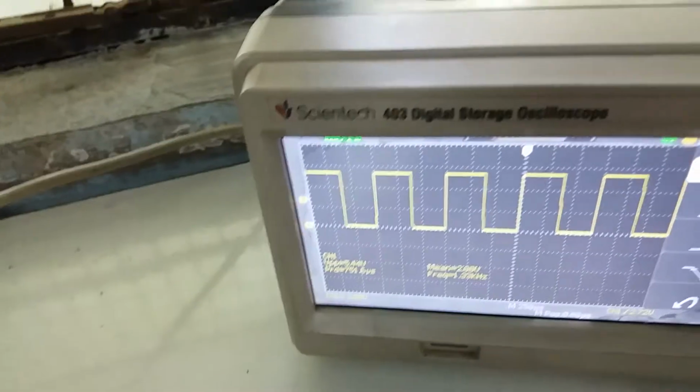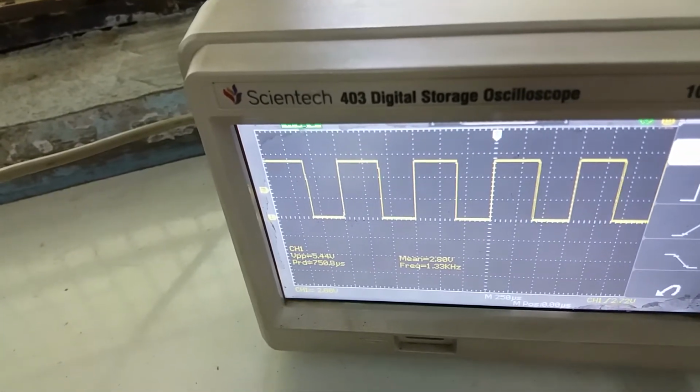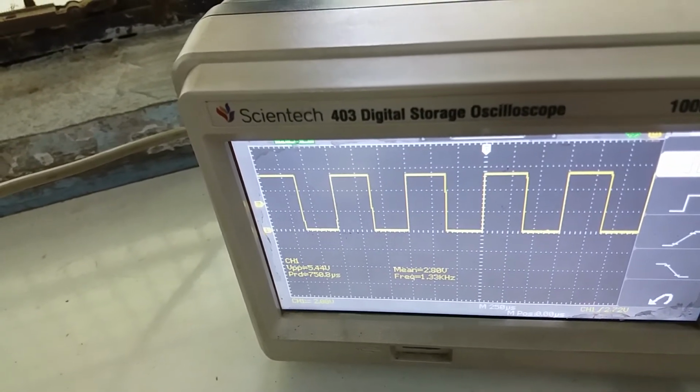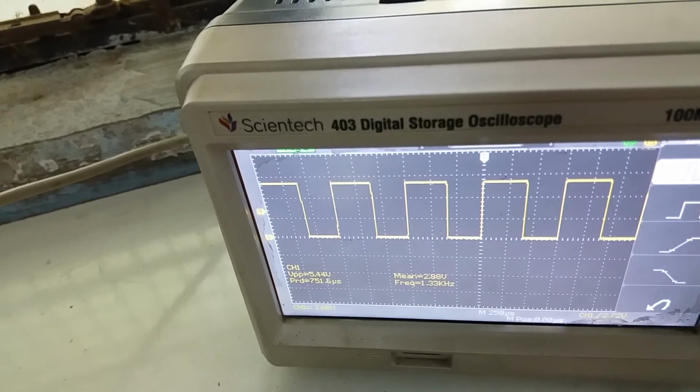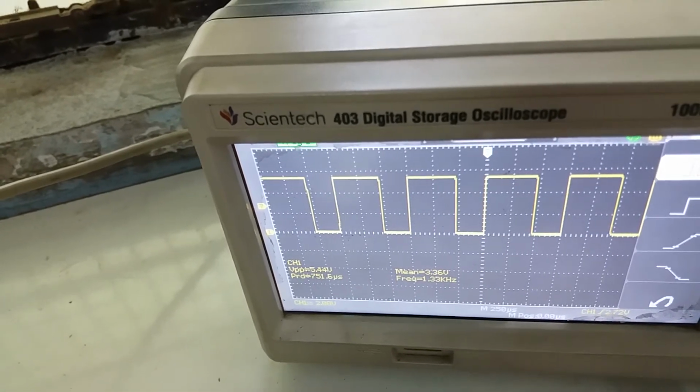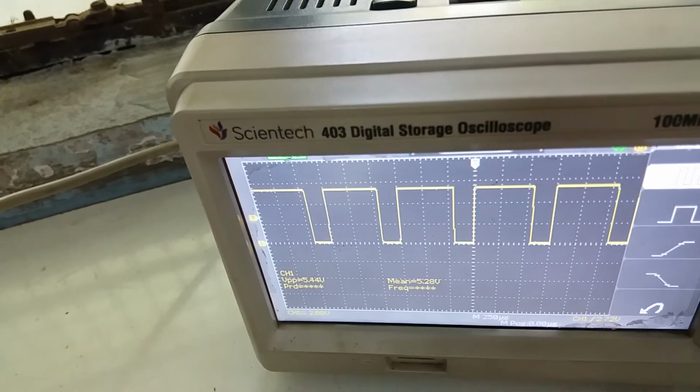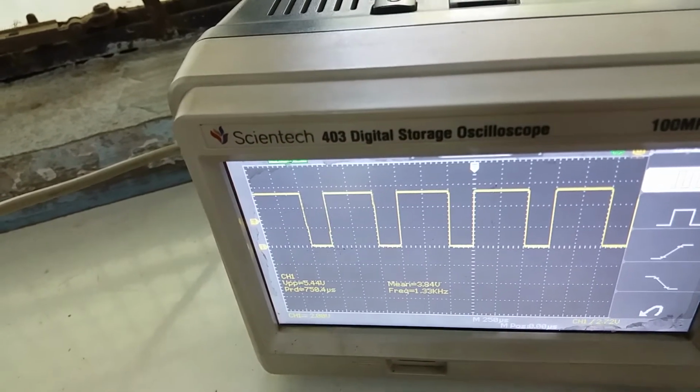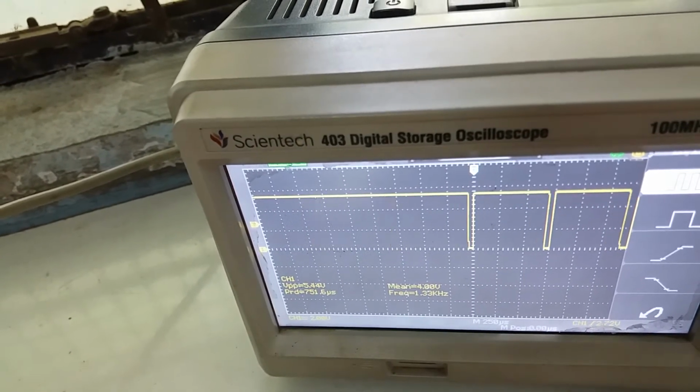Now I am going to vary the duty cycle. See that the 4 boxes never change; the 4 boxes are only for the total time period.